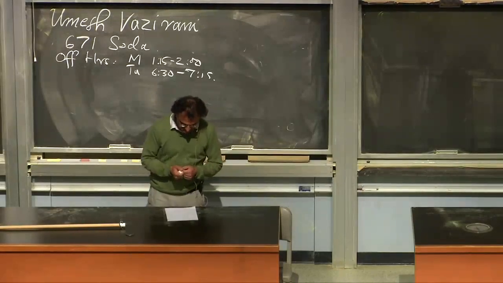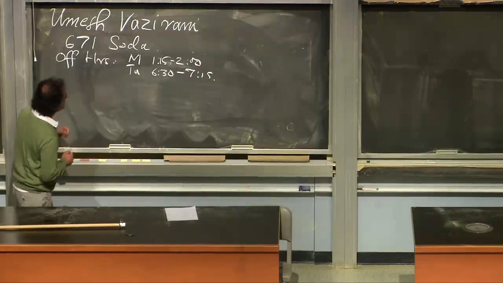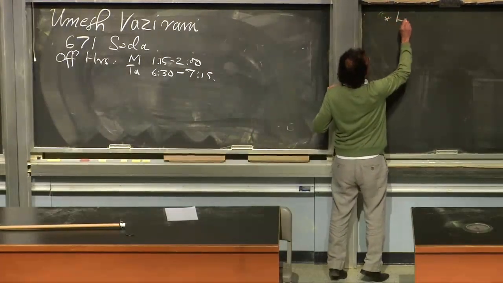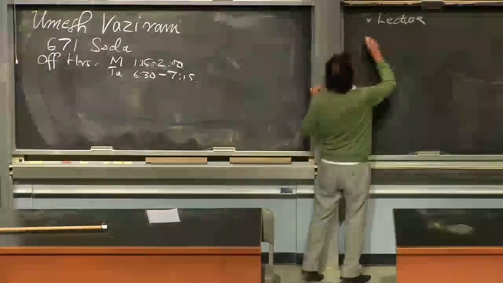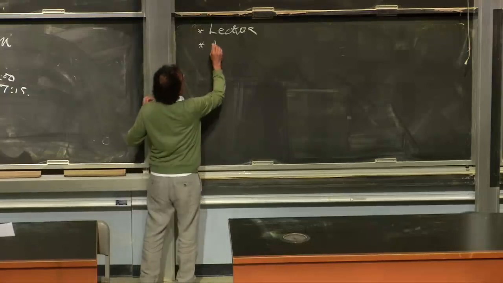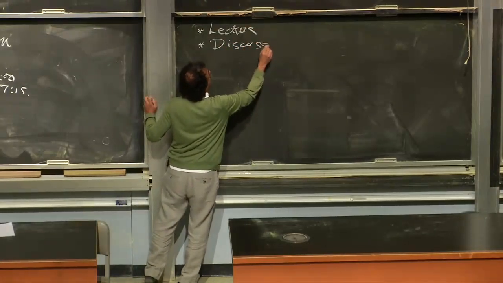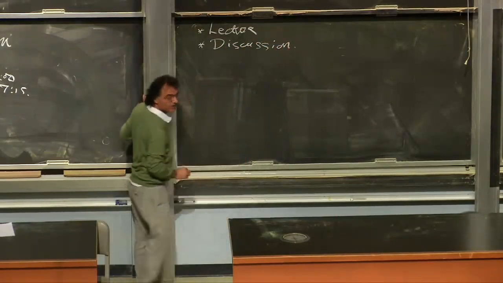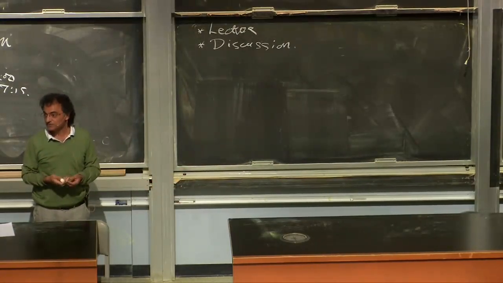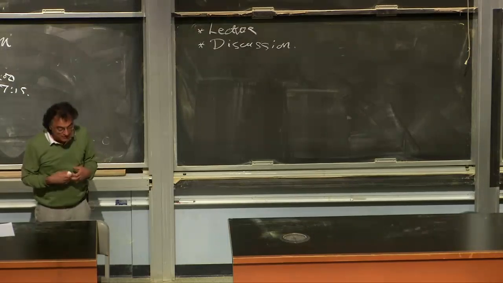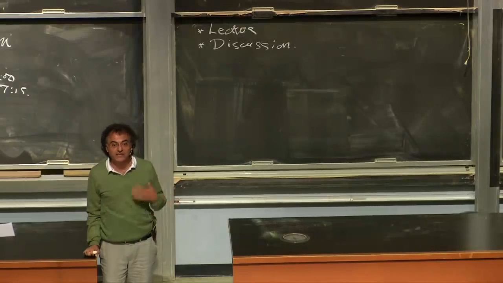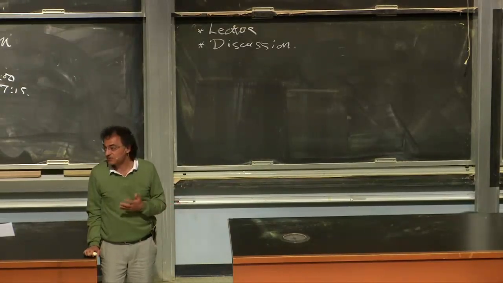Okay, so let me just say what the components of the course are. Well, the components, of course, include the lecture, where you are. But then there are 2 weekly discussion sections. So twice a week, Monday and Wednesday. So your first discussion section will be tomorrow. Now, we've done something different this time. Instead of assigning you discussion sections at random through TeleBears, you're free to choose your sections.